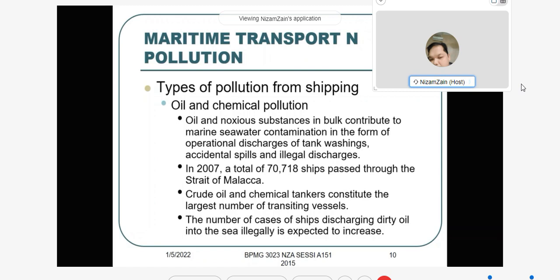But why do they still throw away illegal discharges? Why don't they go through the process, filter everything and then release it to the sea? Why? Because as you all know, when you talk about processing, it is a machinery, it is a mechanism.